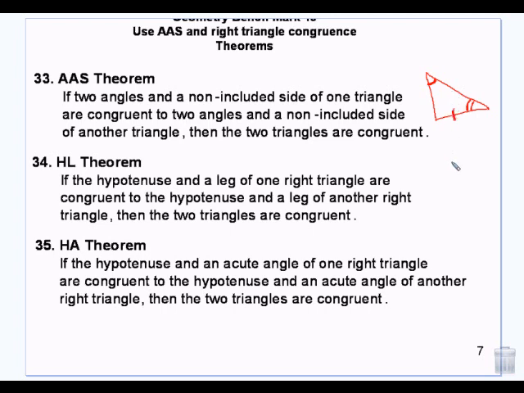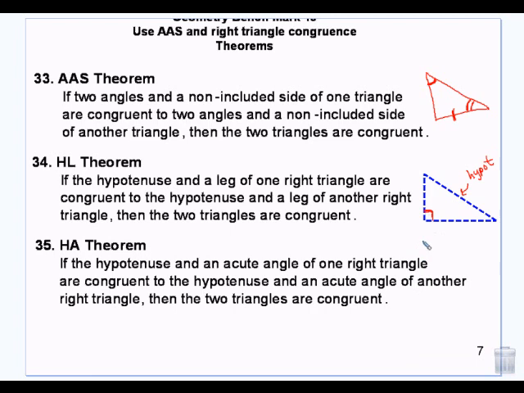And then you have hypotenuse leg. If you recall, the hypotenuse is the longest side across from the right angle.